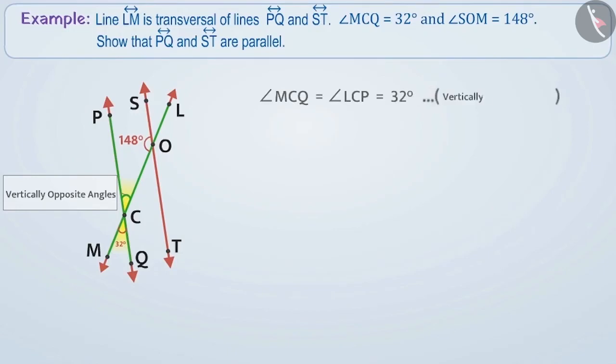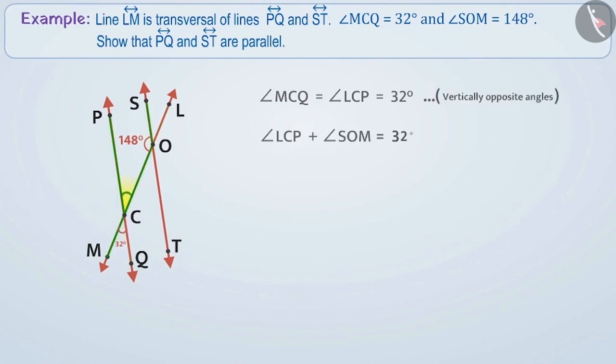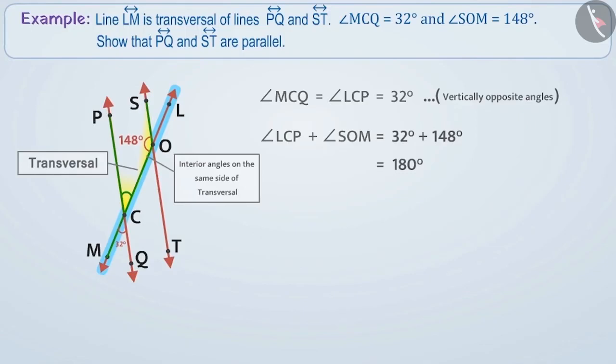Here, angle LCP and angle SOM are the interior angles on the same side of the transversal. If we add them, we get angle LCP plus angle SOM is equal to 32 degrees plus 148 degrees is equal to 180 degrees.